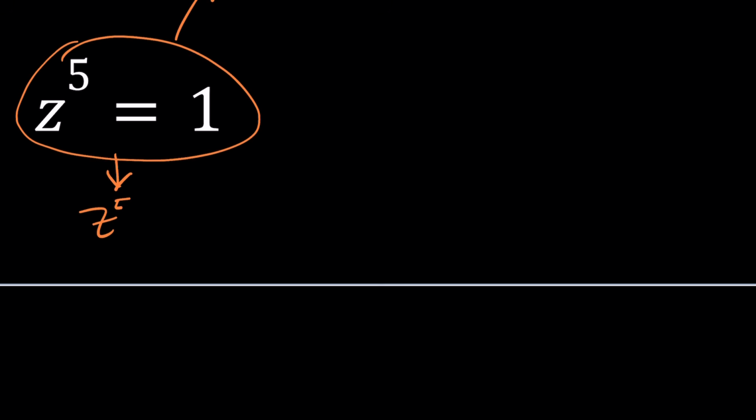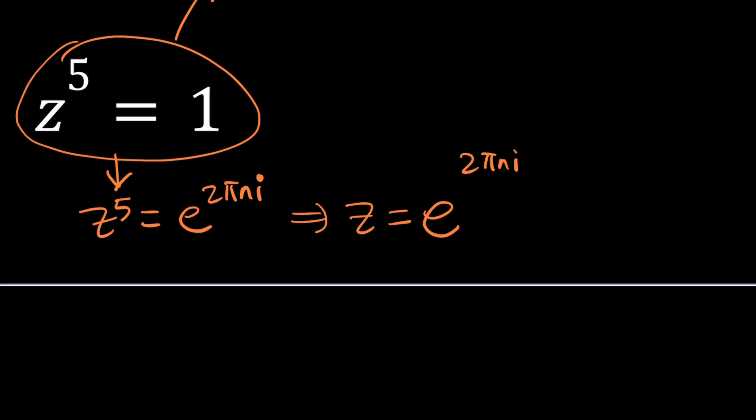So if you write 1 as e to the power 2 pi ni, where n is an integer, then from here you get the z values as e to the power 2 pi ni divided by 5. Of course, n can be 0, 1, 2, 3, and 4. That gives you 5 roots, because in the complex world, a number has 5 fifth roots, except for 0, of course. 0 is an exception, okay?